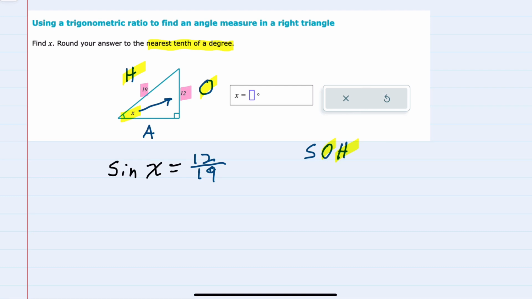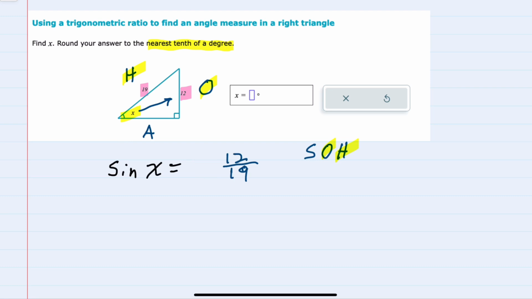So we have our trigonometric formula, and to solve for x, the angle inside of the sine function, we can use inverse trig functions to undo trigonometric functions.